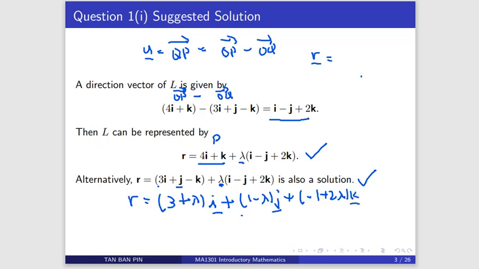So a point on the line L has this as its position vector. You need the magnitude of r to be square root 35. That means you need the magnitude of r squared to be 35.